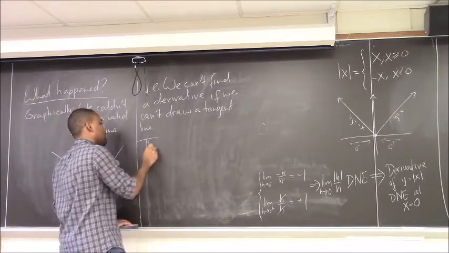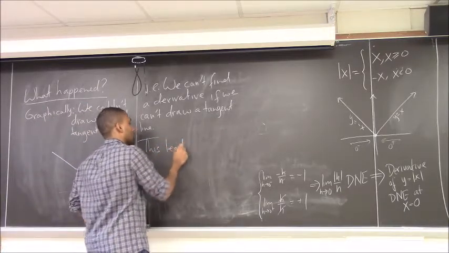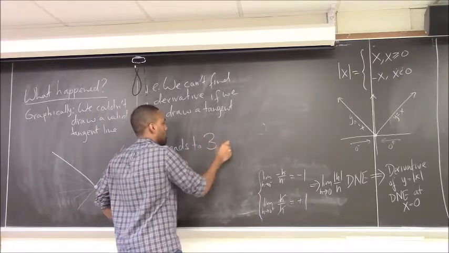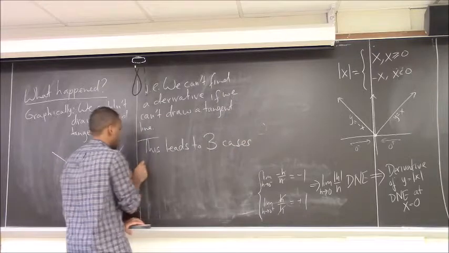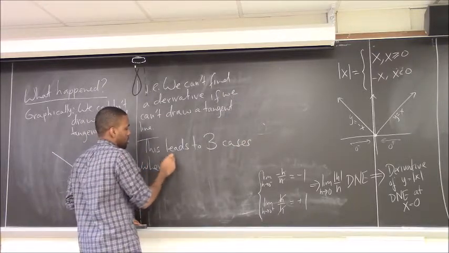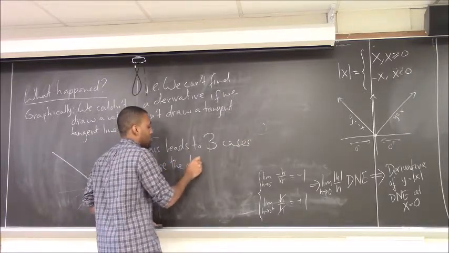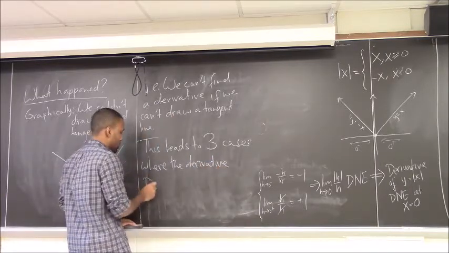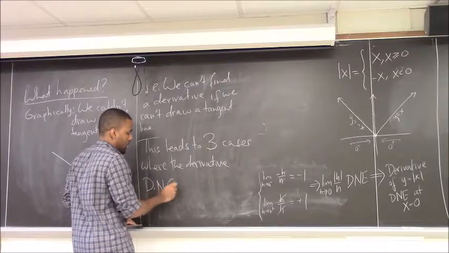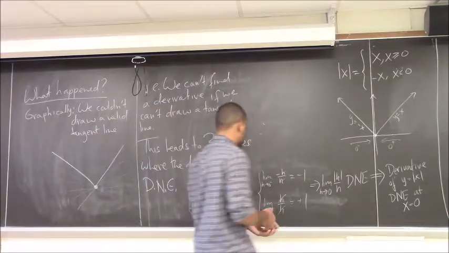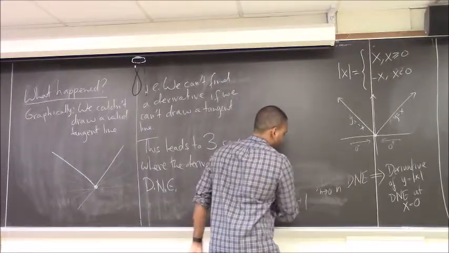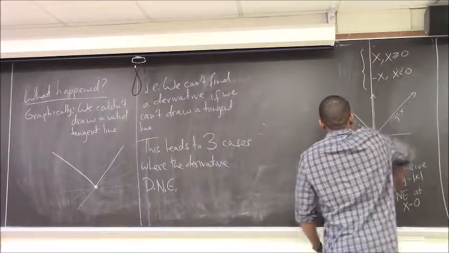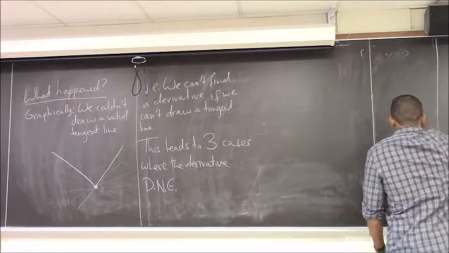This leads to 3 cases where the derivative does not exist. In one of the cases, we will be able to draw a tangent line, but it won't satisfy the equation of lines that we're used to.